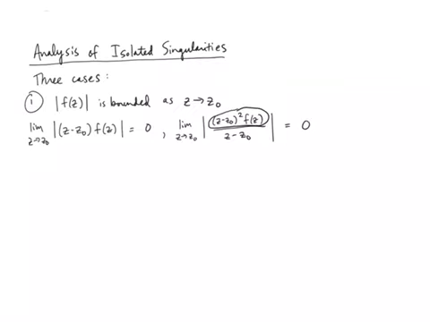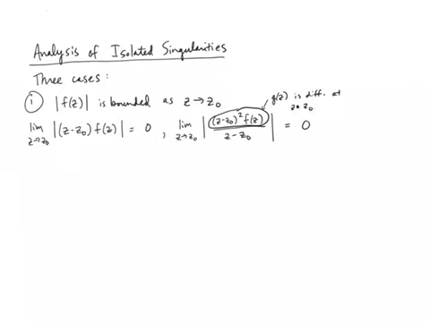What this is telling us is that this function, which we'll essentially be calling g of z, is differentiable at z equals z naught.